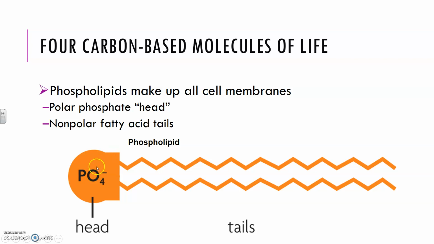So it sticks out from the glycerol here. So with this, you're going to have this one side will interact with water just fine, and then this entire rest of the molecule will not. It likes to react only with other fatty acid tails. Okay? And you'll see why that becomes really important when we get to the cell membrane.